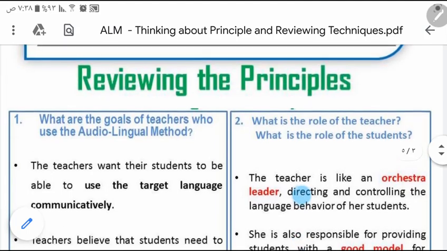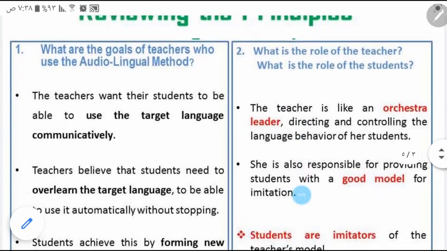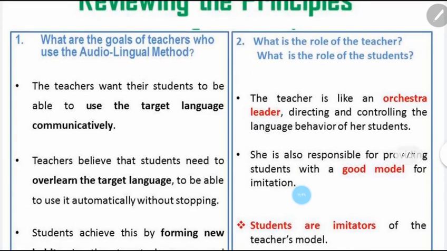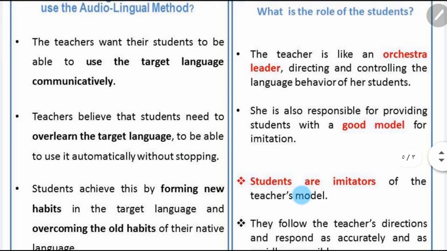Now we come to the second part of our lecture today, reviewing the principles. Question number 1, what is the goal of the teacher who uses the audiolingual method? The teacher wants their students to be able to use the target language communicatively. The teacher believes that students need to overlearn, to repeat several times, to be able to use the language automatically without stopping.